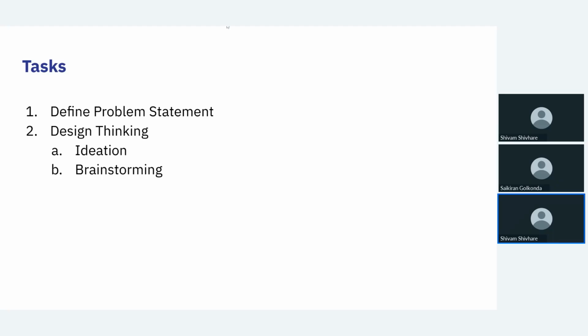Correct. Okay, so in the ideation phase, the first step is brainstorming and ideation, right? In this ideation phase, you need to think of an idea to do the project.